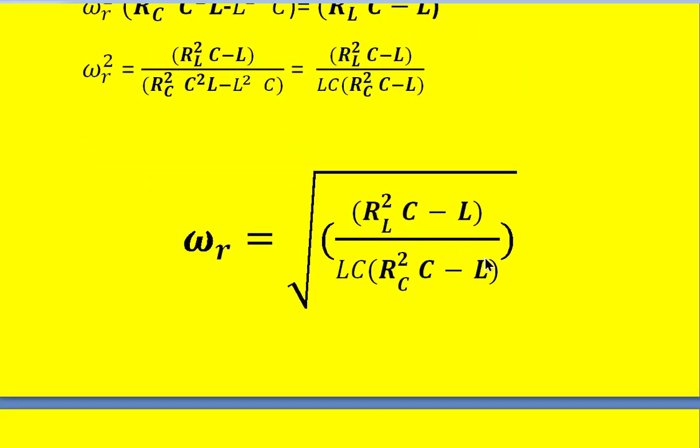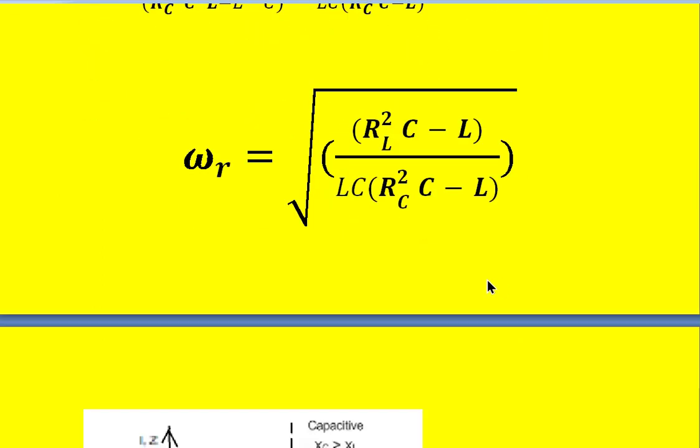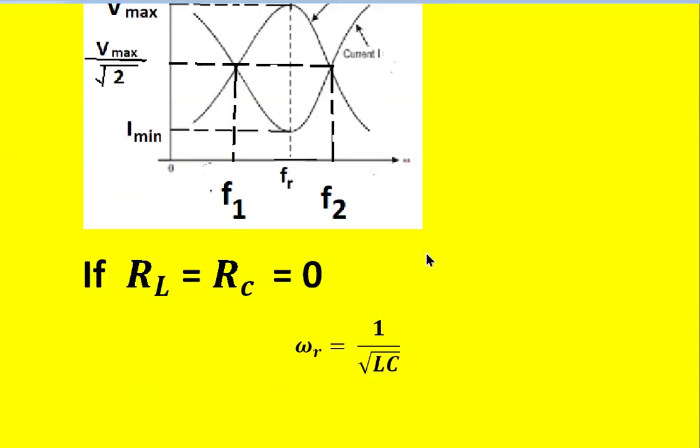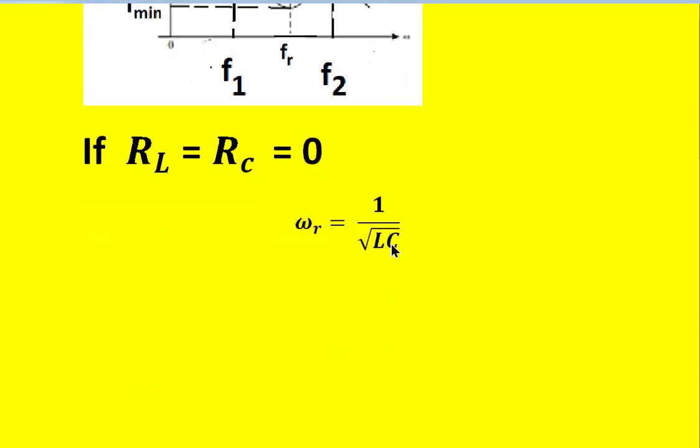If RL is equal to RC equal to 0, then omega R becomes 1 by root LC, which is equal to the resonance frequency of the series RLC circuit.